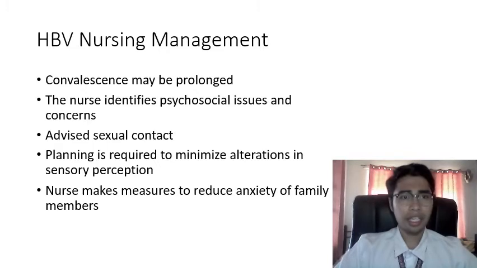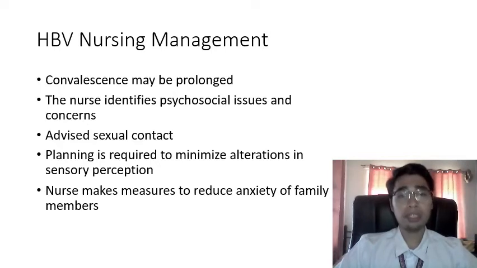We also advise that sexual contact be avoided when the patient is infected, because obviously if the patient is not treated with the vaccine or the interferon or the antiviral medication, the patient who contracted HBV has a higher risk of being a carrier and may transmit it to other people if vaccine or antiviral drugs were not taken.